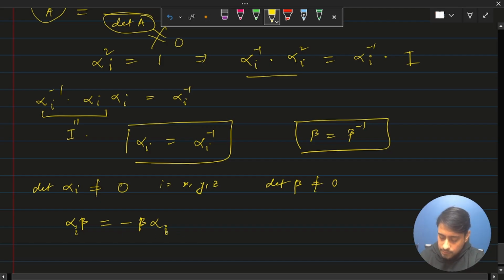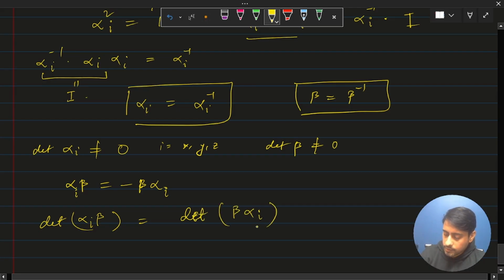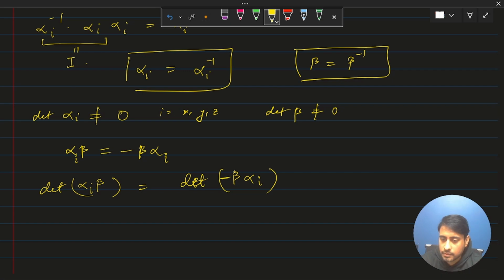Now if you take the determinant of both sides of this, the determinant of alpha I beta should be equal to the determinant of beta alpha I with a minus sign. Whenever you take a determinant, you should be cautious about this negative sign, because it can be replaced with a negative of the unit matrix.